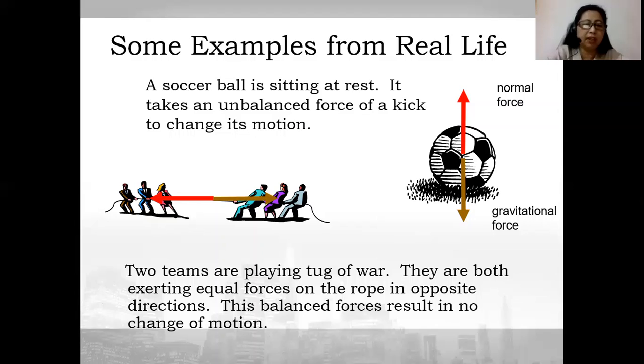Similar to these two teams playing tug of war, they are both exerting equal forces on the rope in opposite directions. So these balanced forces result in no change of motion. So for this particular game, there is no winner because they exerted equal and opposite forces. So the forces acting on the rope are balanced.